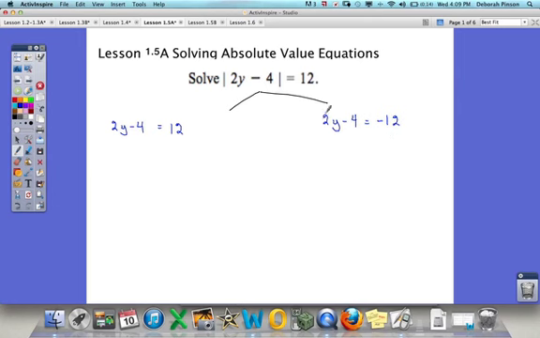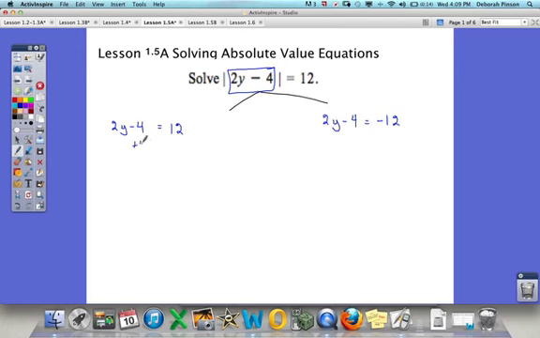Now here's the reason why. If you're talking about this value right here, with whatever y happens to be, when I simplify it down, it could equal 12, or it could equal -12, and then I would take the absolute value of it and get 12. So there are these two possibilities. That means you're going to have two answers in a lot of these.